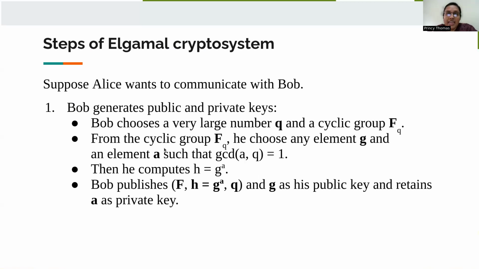So this element A and this number Q, they should be relative primes. If GCD A comma Q is equal to 1, that means these 2 numbers A and Q are relative primes.